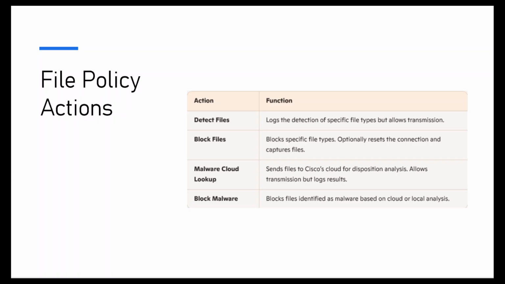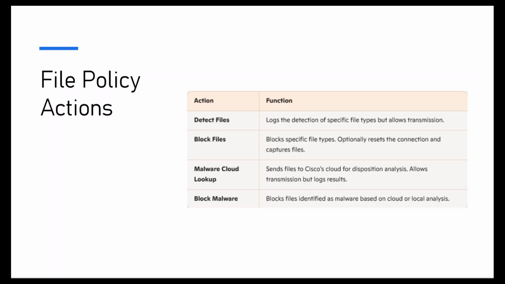Like I want to detect all the PDF files going via a specific access control rule. I can create a file and malware control policy, create a rule, source to destination, PDF files, detect them. So it will create the file events whenever those files are detected via that specific rule. Okay, where the malware and file control policy is attached.